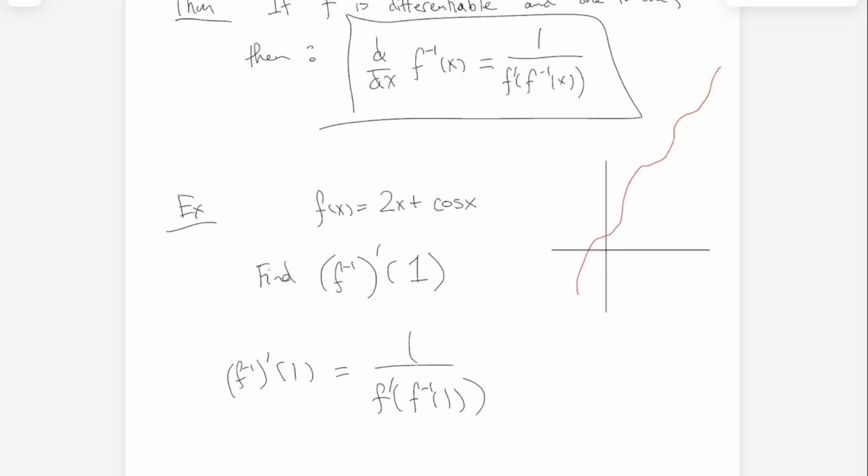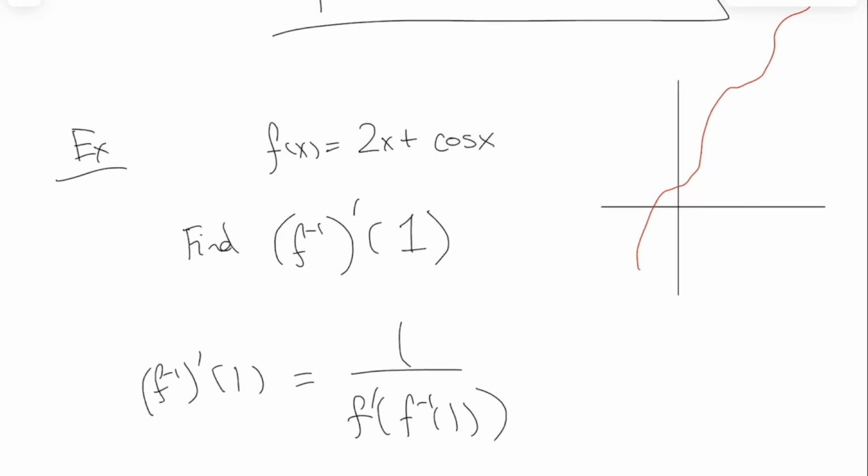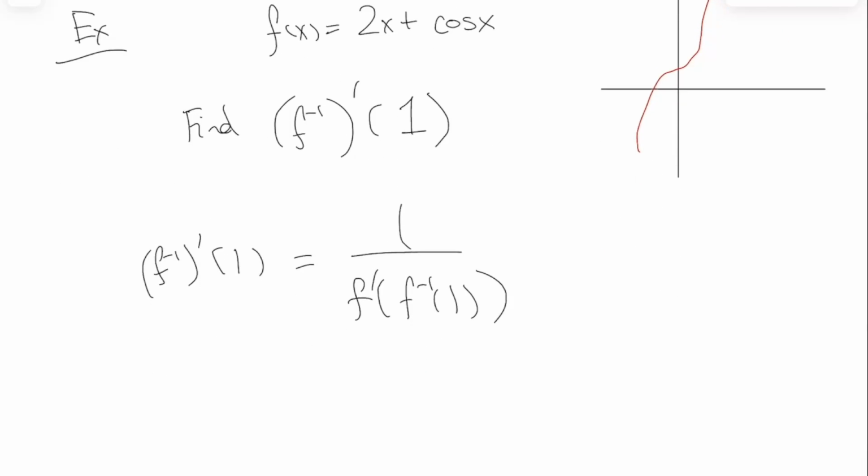Now, in order to actually say what the right-hand side of that is, we need to figure out what f inverse of 1 is. This is a little tricky, perhaps. I'm trying to evaluate this fraction here. We better start on the thing which is all the way on the inside of the parentheses. What is f inverse of 1?